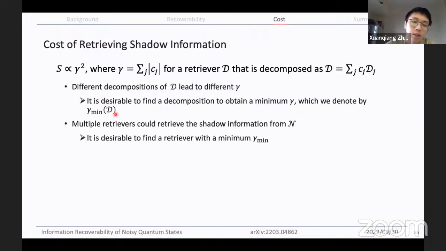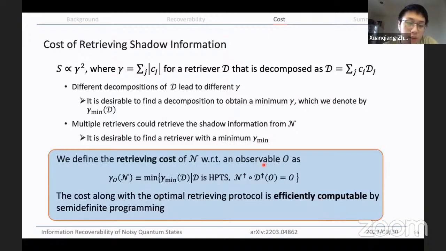Another factor is that there could be multiple retrievers that are valid for retrieving the shadow information. And it is also desirable to find a retriever with the minimum gamma minimum. So combining these two factors, we define the retrieving cost of a quantum channel with respect to an observable as the coefficient gamma minimized over all the valid retrievers D and all their valid decompositions.